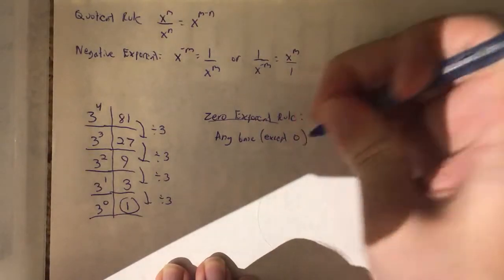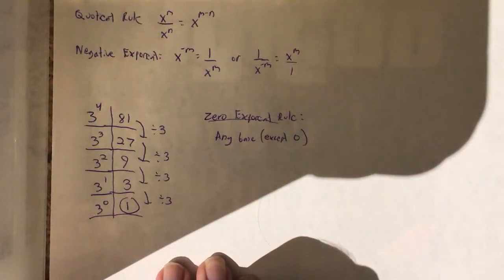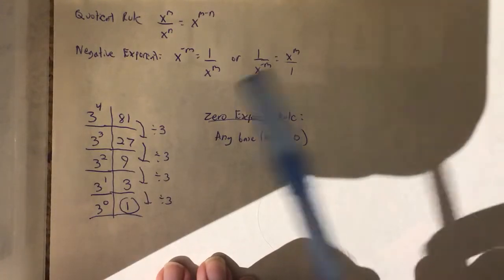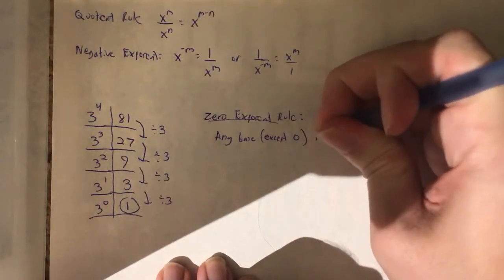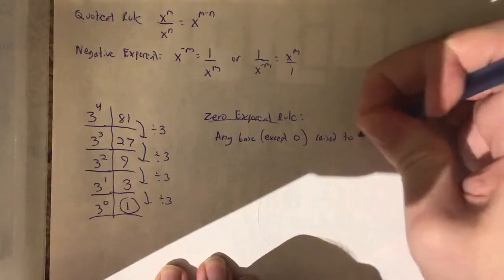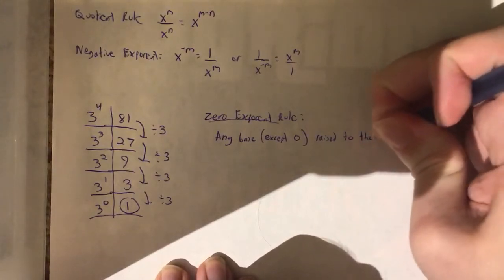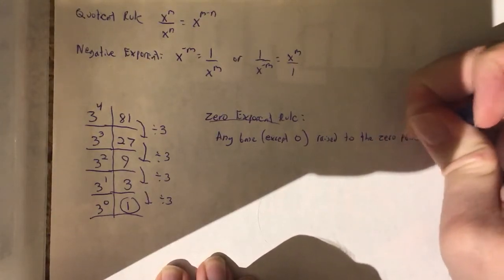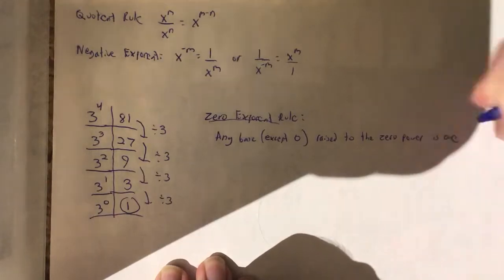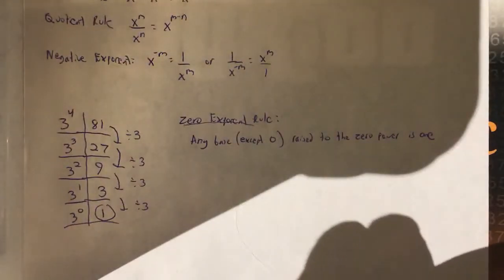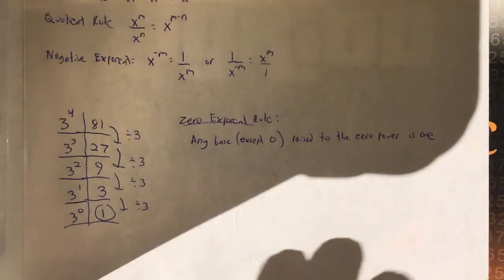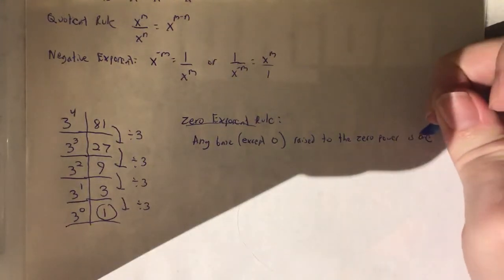I can't do 0 to the 0 power. It's indeterminate, and you'll get to know more about that in higher level math. So any base except 0 raised to the 0 power is 1.